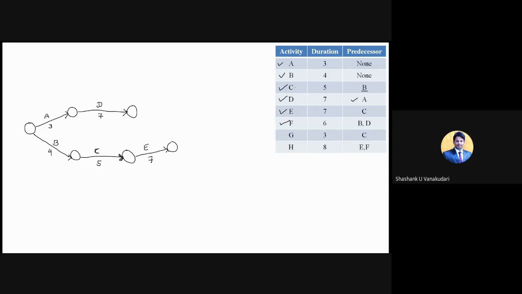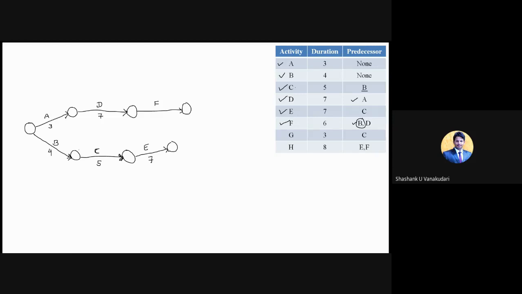I will draw that activity here, which indicates F. Now the condition is satisfied for F activity, D is the predecessor. Simultaneously one more predecessor is there, activity B. This activity B is also a predecessor of F. Activity B is here, and it is going to end here.